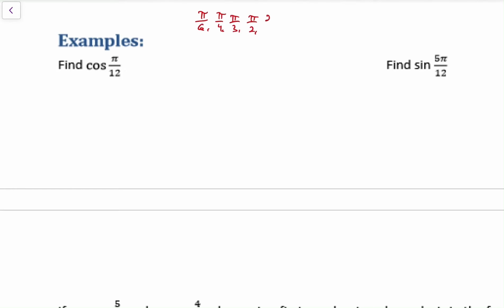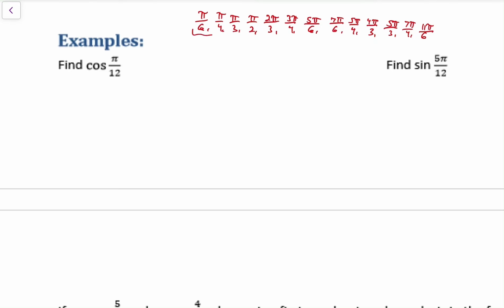We can even use the ones in all of the other quadrants, which we'll have to use at some time: 2 pi over 3, 3 pi over 4, 5 pi over 6, and then we have 7 pi over 6, 5 pi over 4, 4 pi over 3, and then onto the 4th quadrant, we have 5 pi over 3, 7 pi over 4, and 11 pi over 6.